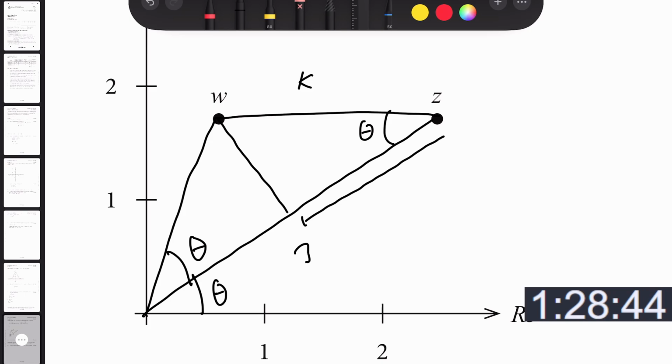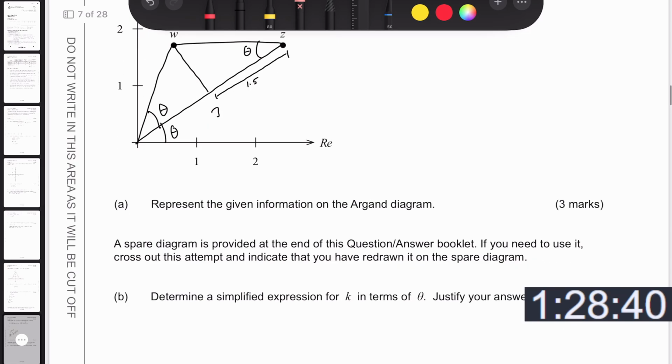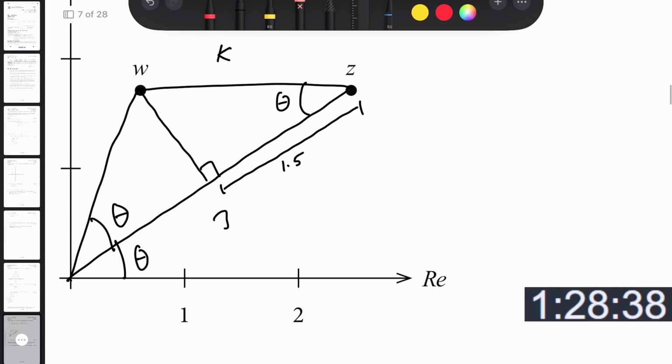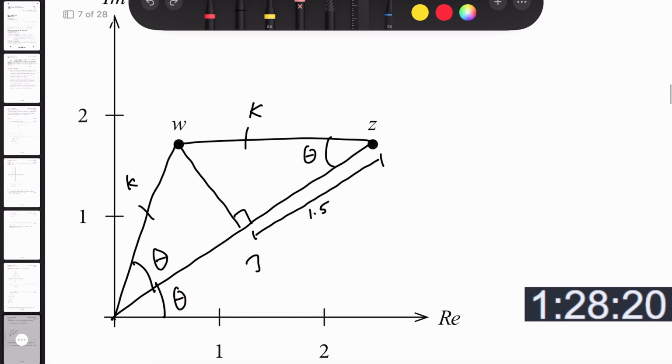So this is 1.5. So let's graph this. This must be k as well. So since I know that this is horizontal, this angle here must equal this angle here. So that must be an isosceles triangle. So then that must be half.